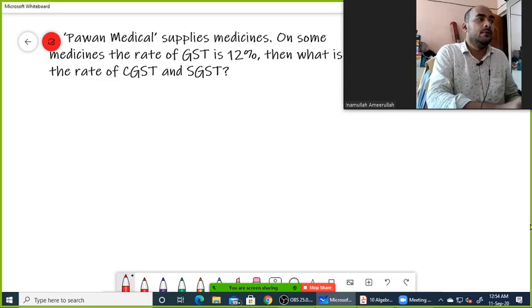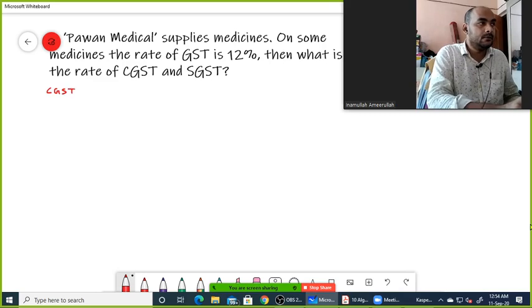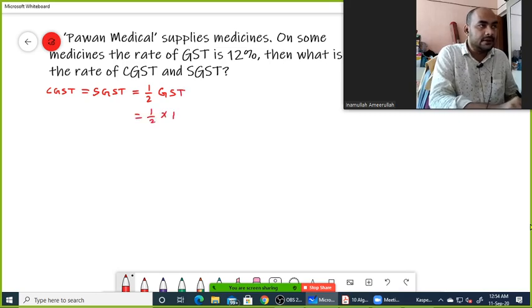We know CGST is same as SGST, and both are half of GST. So half of GST, that is half of 12%.